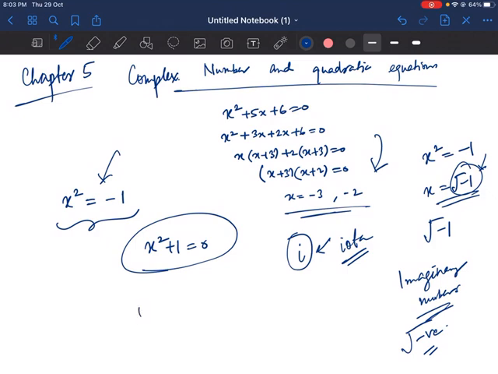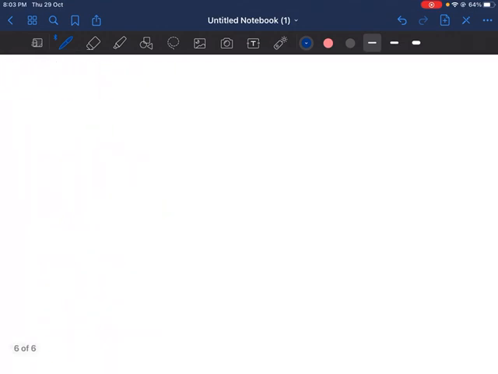A complex number is nothing but a real number plus an imaginary part. Suppose I have to express a complex number, how will I express that? I write z is equal to a plus ib.